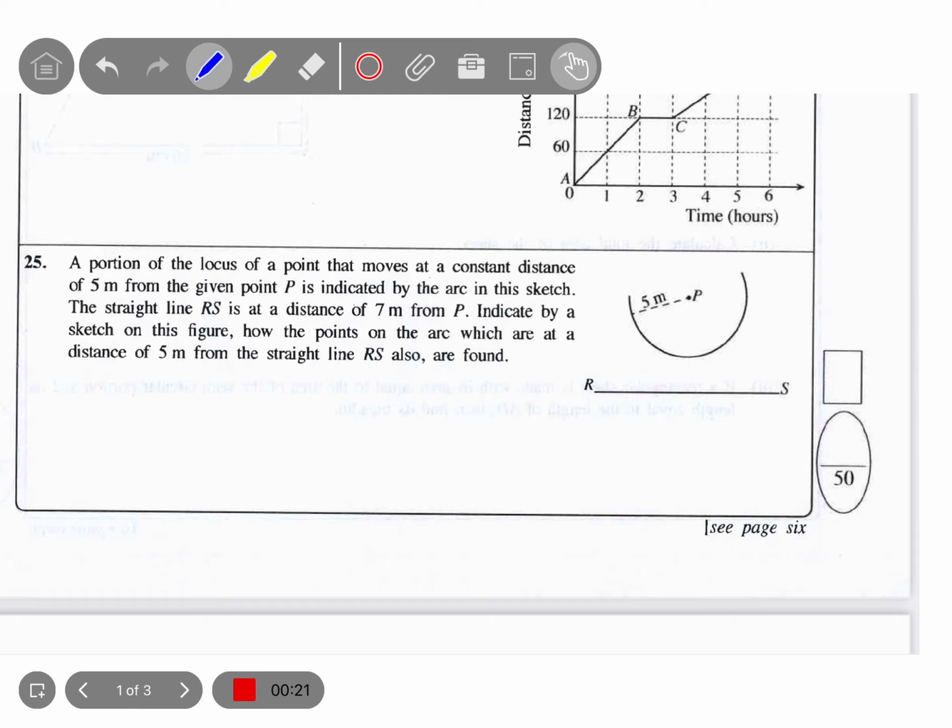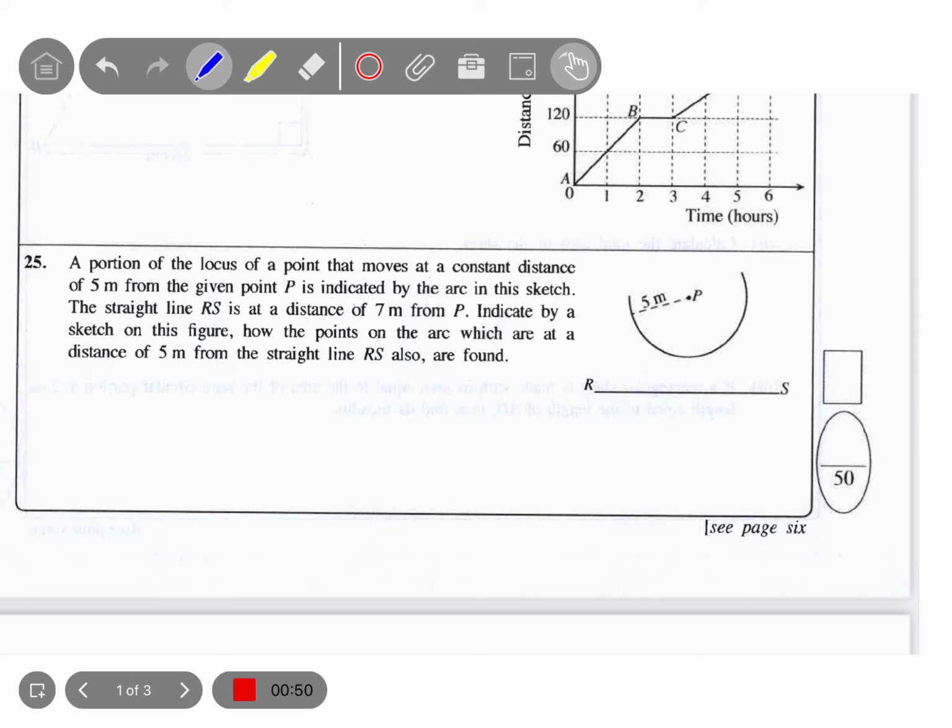A portion of the locus of a point that moves at a constant distance of 5 meters from the given point P is indicated by the arc in this sketch. Yes, so P is the center, and it's like a circle, right? So it's an arc. Any place from here to here it's 5, here to here it's 5, and so forth. So that's what it says.